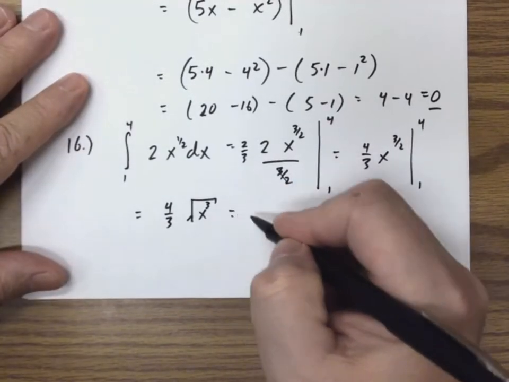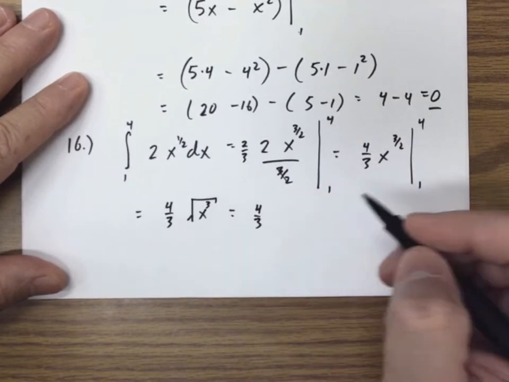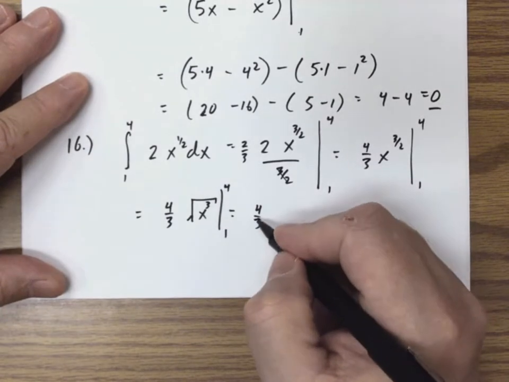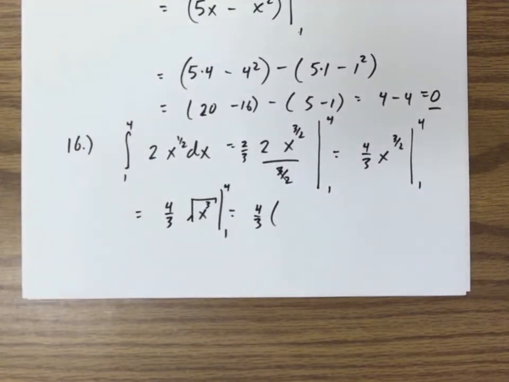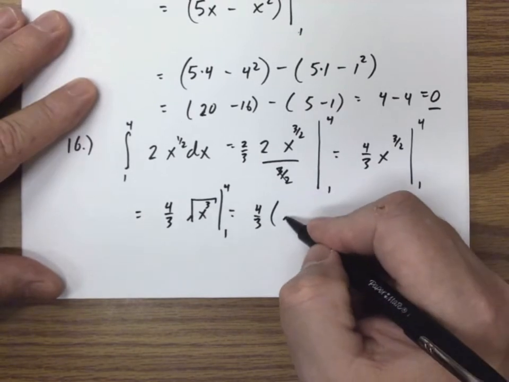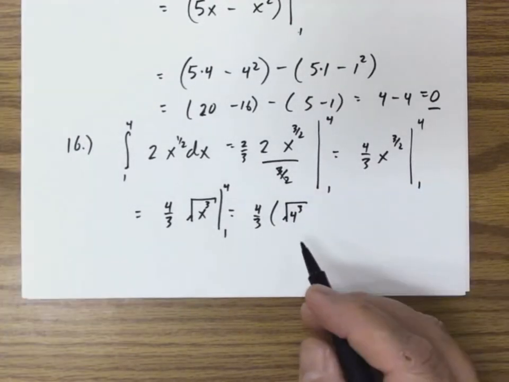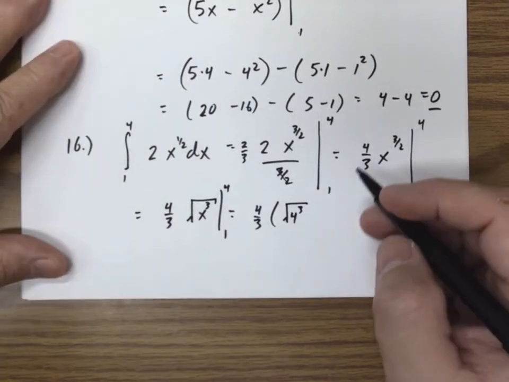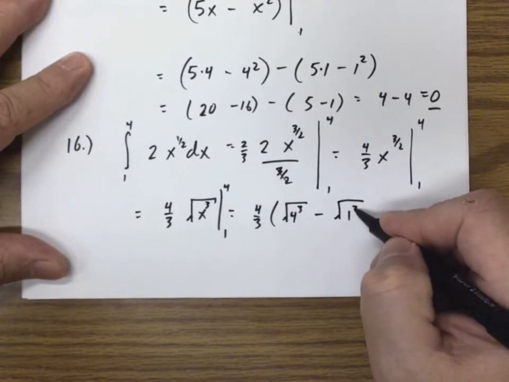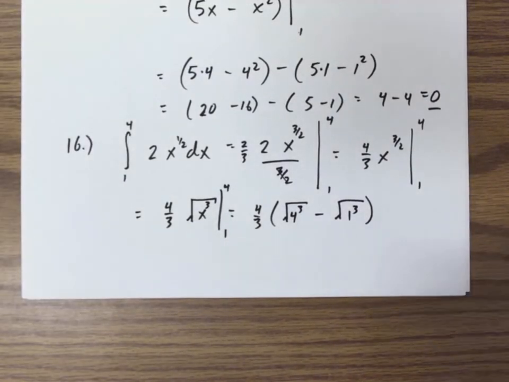And just to make the math easier, sometimes if you have a coefficient out front, you just move the coefficient outside the parentheses. So now I'll plug in 4, square root of 4 cubed, minus square root of 1 cubed.